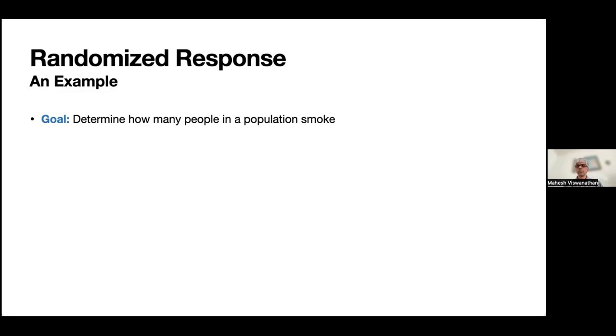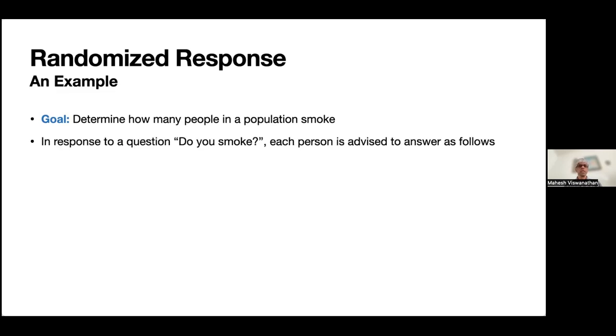The problem is individuals may be sensitive about revealing whether they smoke or not, because it could have social consequences as well as potentially financial obligations that may be incurred because of response to this question.